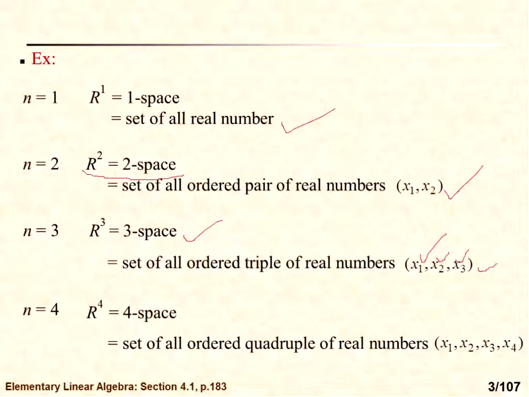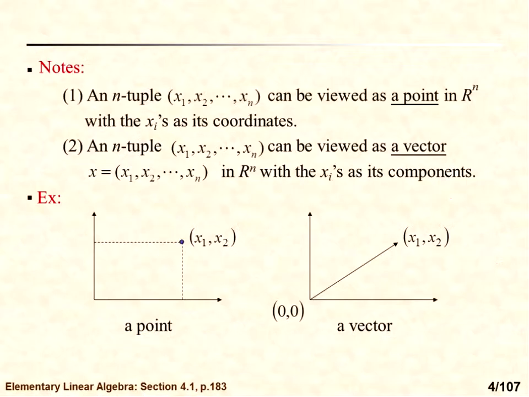And similarly n is equal to 4, 4-space, 5-space, 6-space. So n-space we can represent with vectors. Previously we know how we can represent a point on a graph, but in a vector space we see how we can represent a vector in a plane.